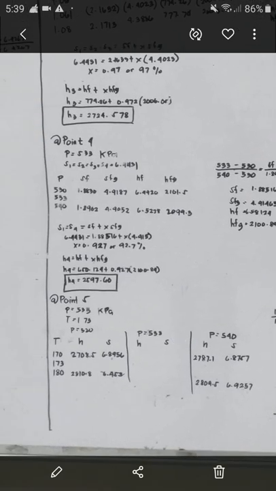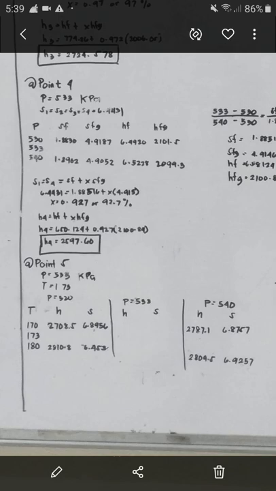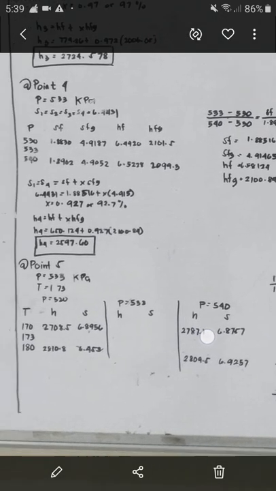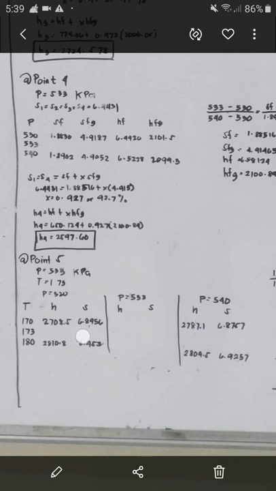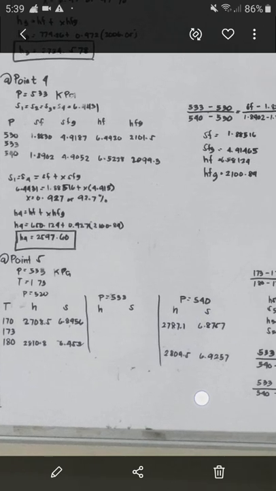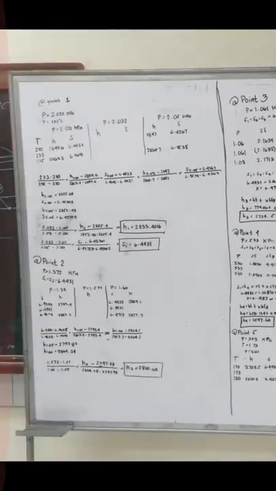At point 5, we have a given pressure of 533 kPa and a temperature of 173 degrees Celsius. To solve this, point 5 is the same process as at point 1.